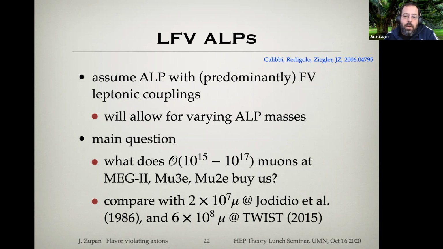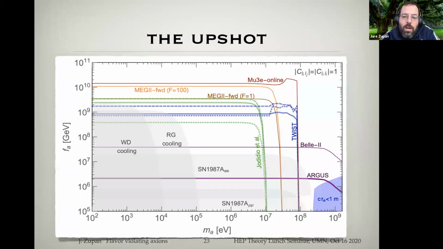There's an old one from '86 and a newer measurement from TWIST in 2015. But you see, it's really an incredible gain in muons that these other facilities will use. So can we do something new?